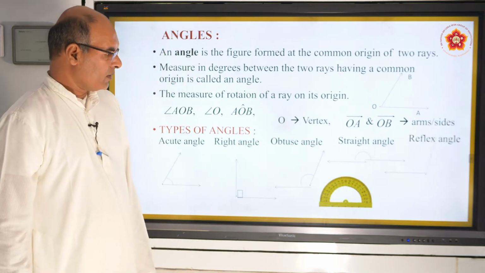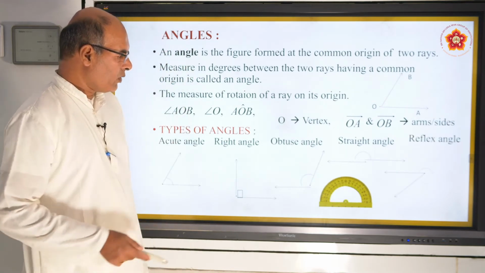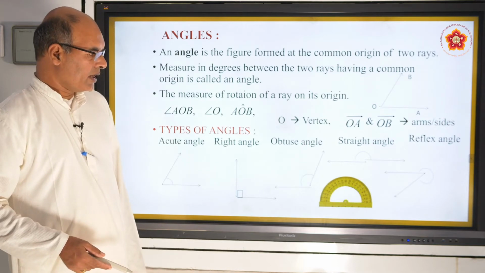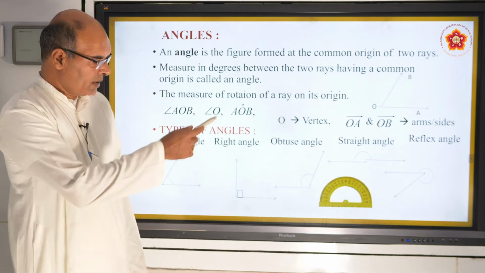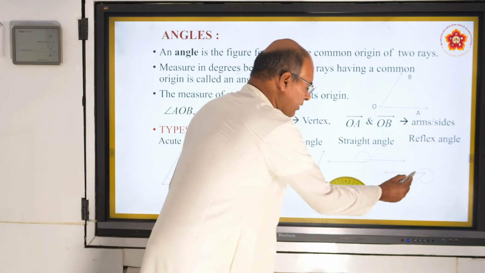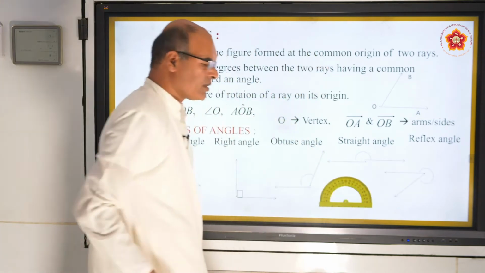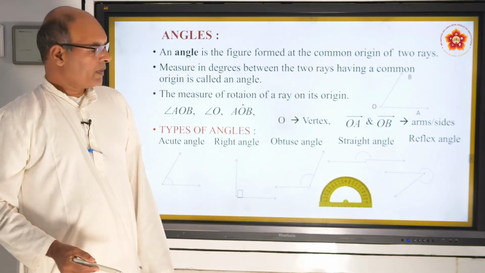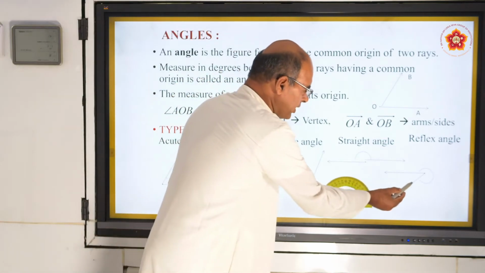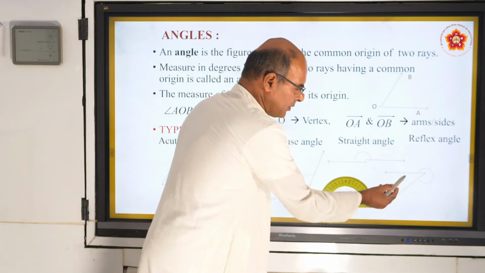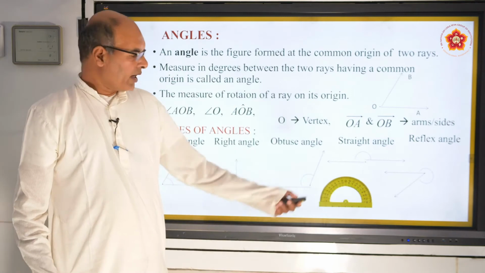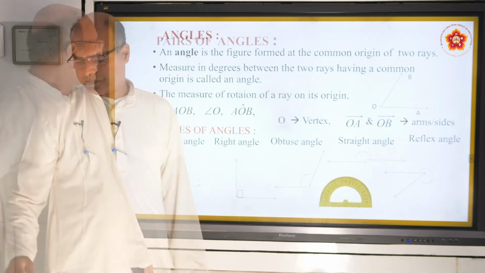And reflex angles, the angles which measure more than 180 and less than 360 degrees, the complete angle is 360 degrees. So if we measure this angle from here to here, it becomes a reflex angle. If we measure this angle from here to here, between these two rays, we get an acute angle in this picture.